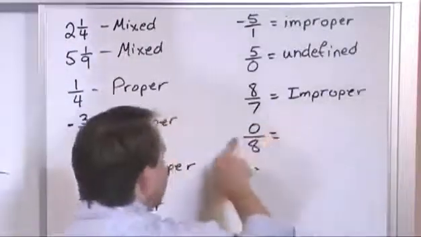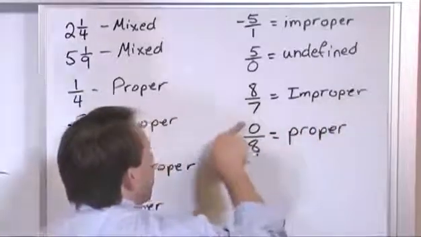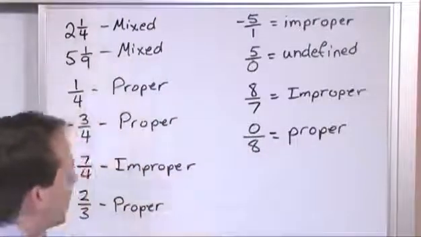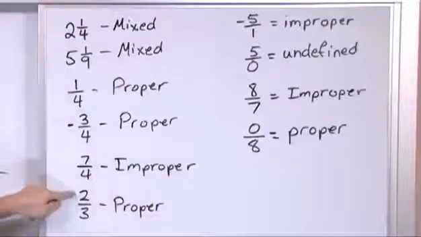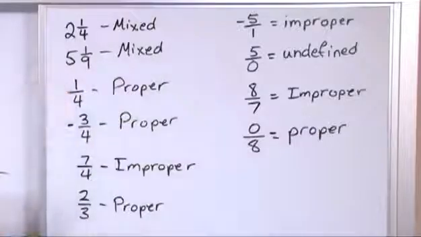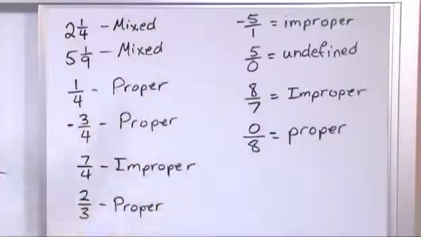So that's something your calculator can do. That's a proper fraction, because the top number is smaller than the bottom number. So it falls in line with the same thing as this fraction here. The top number is smaller, so those are all proper. It's only when the 0 is on the bottom that when you try to do that division, you're not going to get anything, so it's undefined.